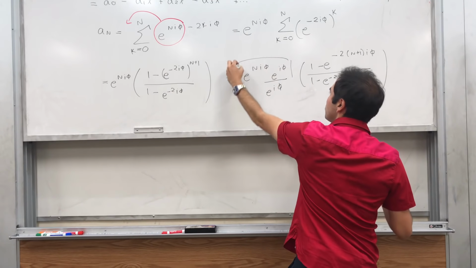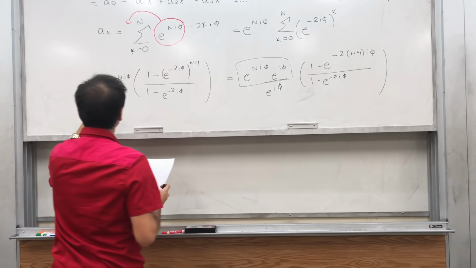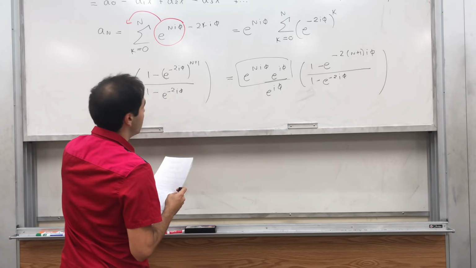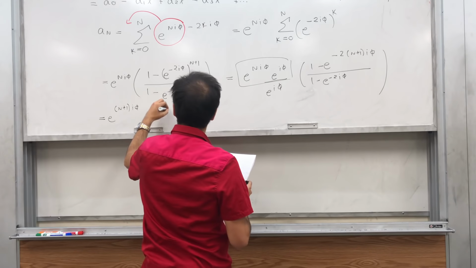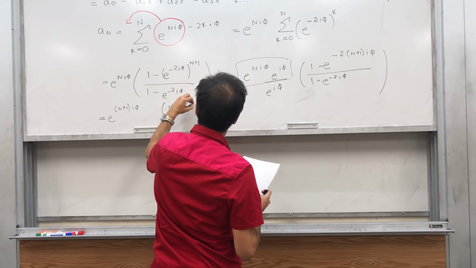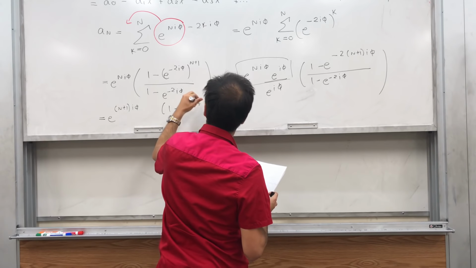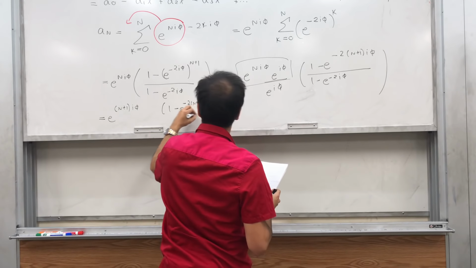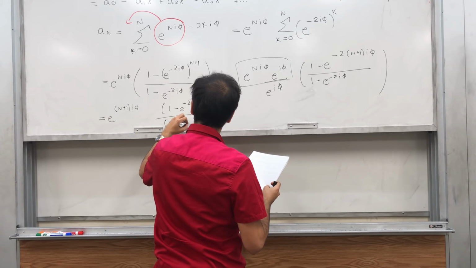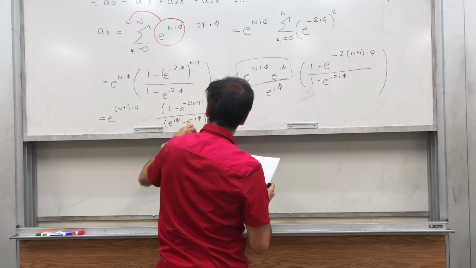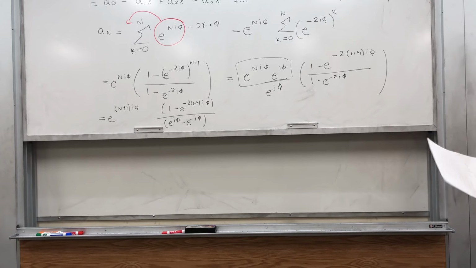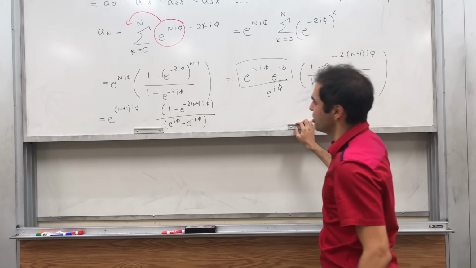So let's put those terms together, and you get e to the (n plus 1) i phi times, let's see, we still have the numerator, 1 minus e to the minus 2(n plus 1) i phi, over e to the i phi minus e to the minus i phi. Well, we'll simplify this soon.